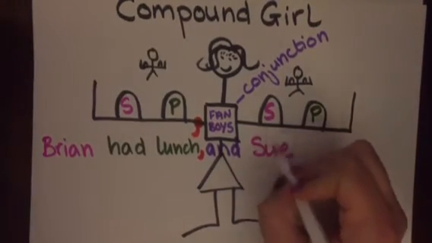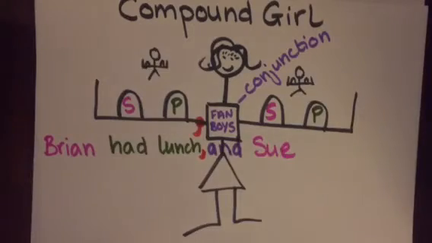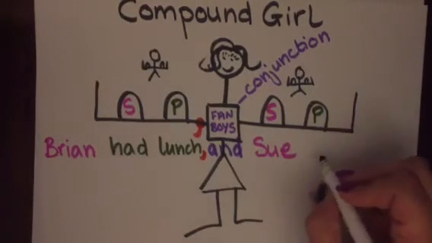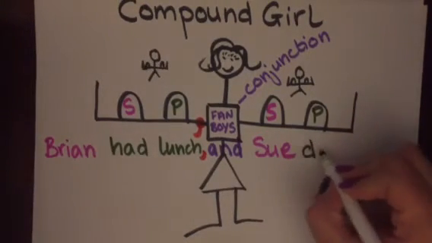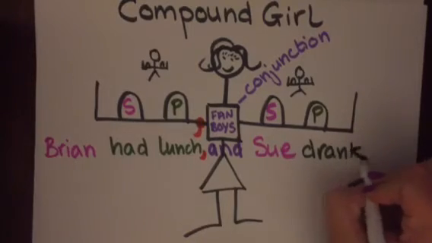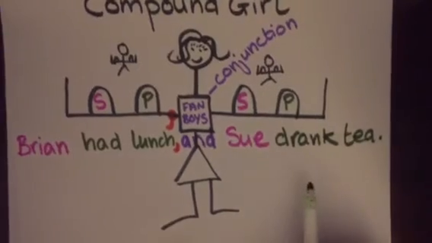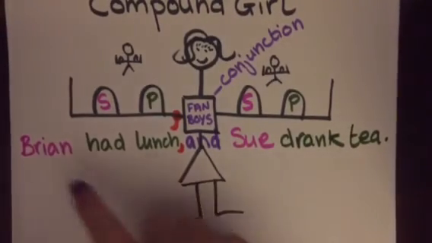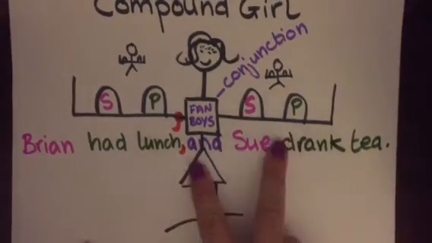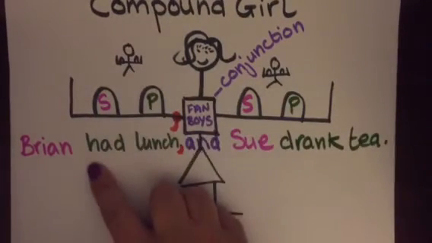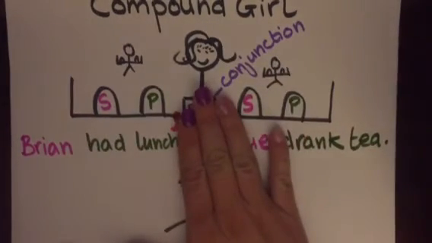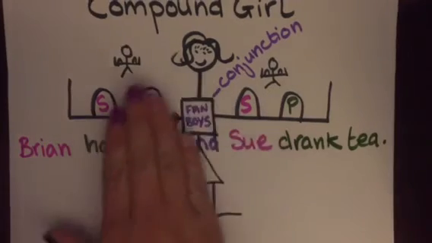Sue, here's a new subject. So Brian had lunch and Sue drank tea. So that's what Sue did. So this longer sentence expresses two separate thoughts, two simple sentences. Brian had lunch would be just fine by itself.